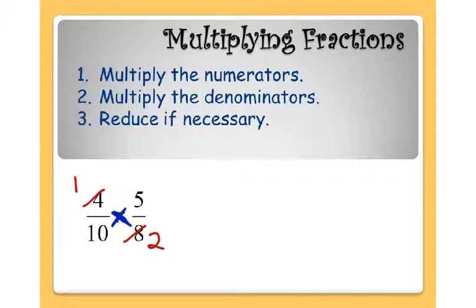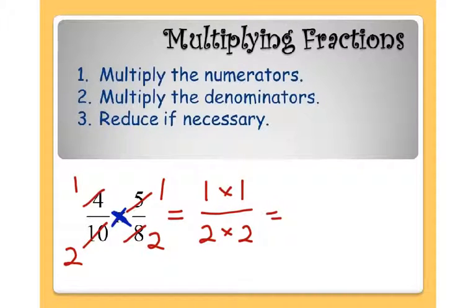I could look at that and reduce 5/10 to 1/2. Now it becomes a matter of multiplying my numerators together, 1 times 1, and then my denominators, 2 times 2, and I end up with 1/4.